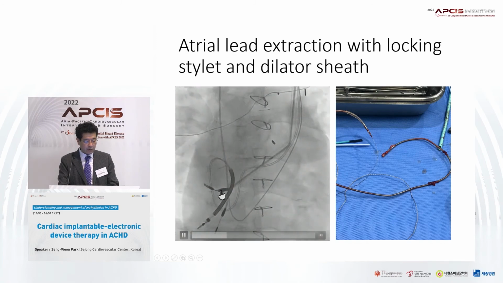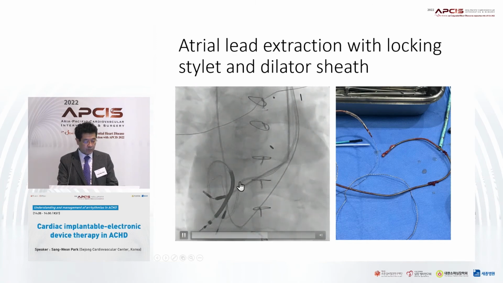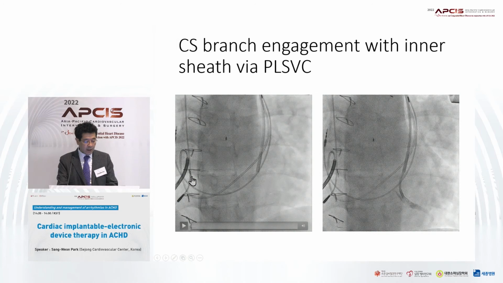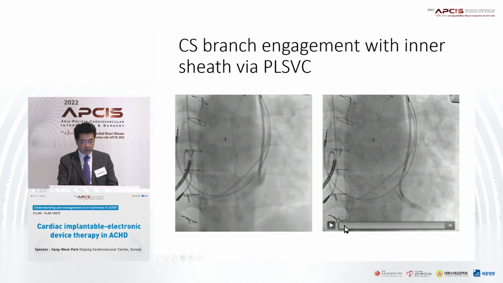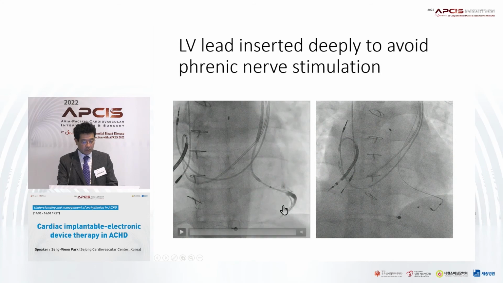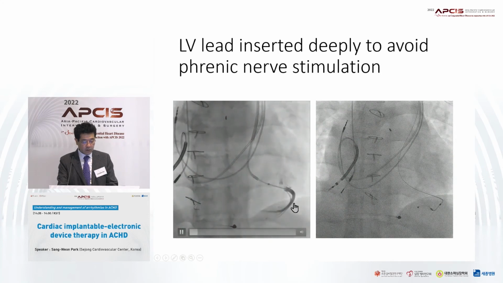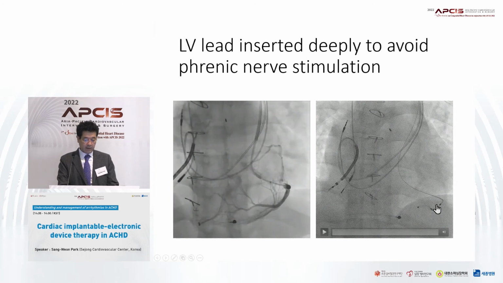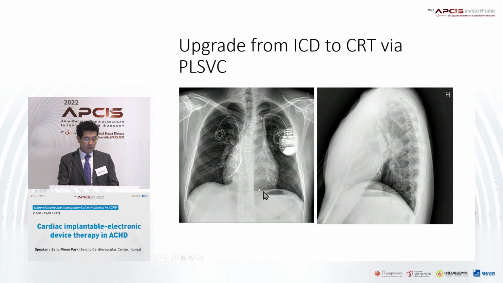So after extraction by the sheath, we explanted the atrial lead, and then implanted the atrial lead again, and showed the CS branch, the coronary branch, and we could cannulate the coronary sinus branch and implant the LV lead at that site. This is the result of the CRT at left PLSVC.